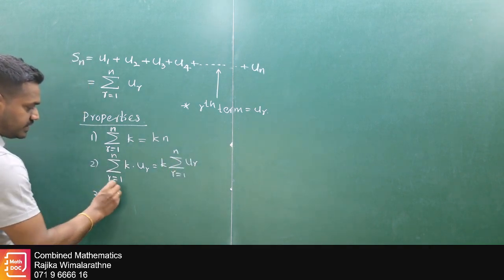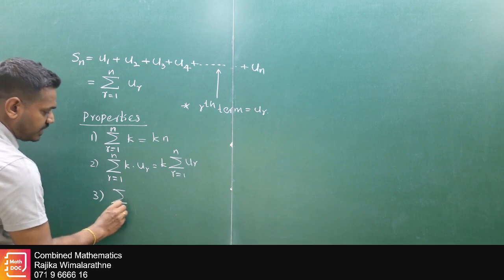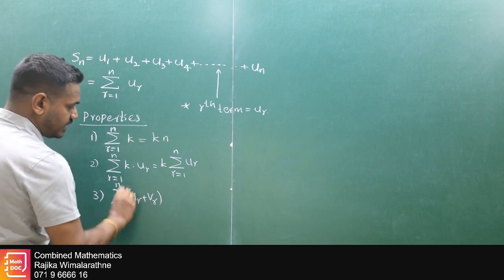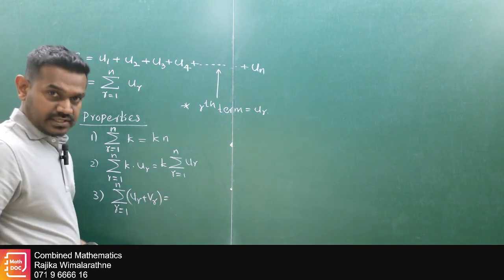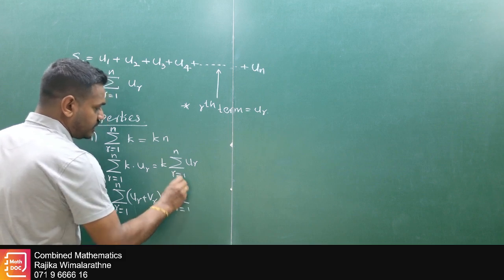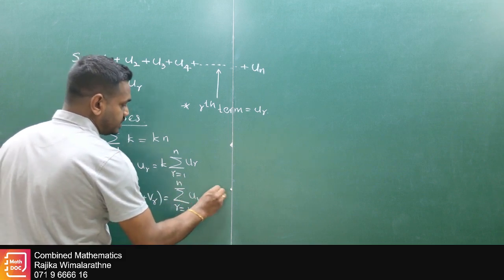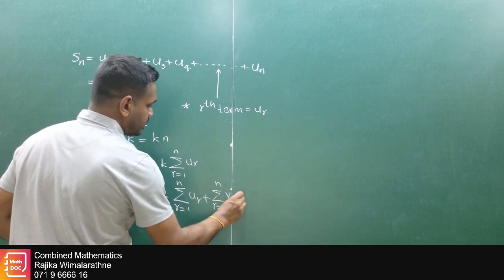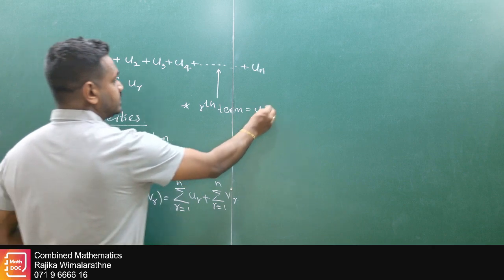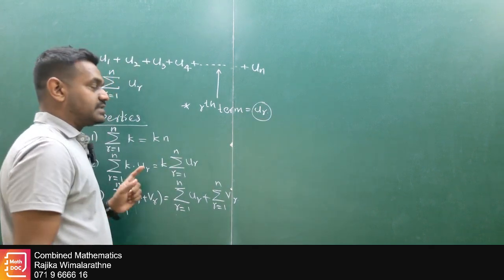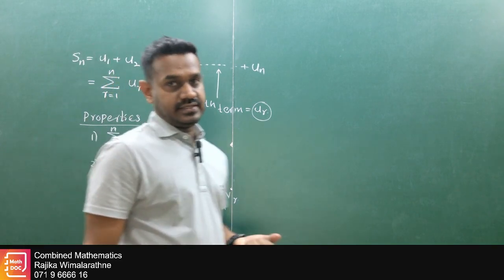Third, sigma r equal 1 to n of ur plus vr, the sum of two variables, you can split the sigma: sigma r equal 1 to n ur plus sigma r equal 1 to n vr. Here ur is the general term. By these relations, you can compress a series.